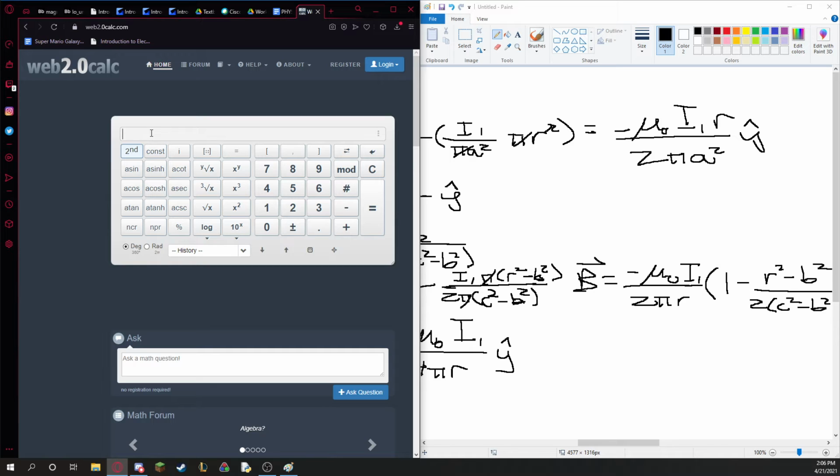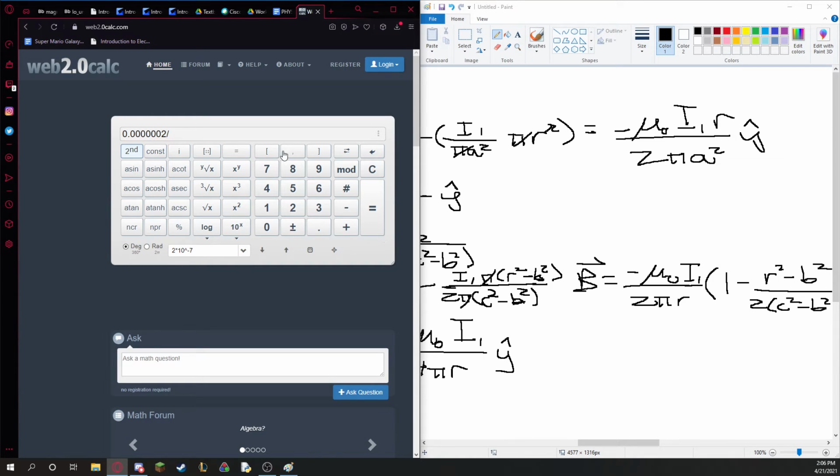What's the value of mu naught? It's 4 pi times 10 to the -7. So 4 pi times 10 to the -7 over 2 pi is 2 times 10 to the -7, divided by our radius r, which is the square root of 5 centimeters.